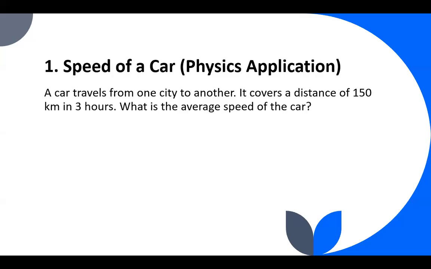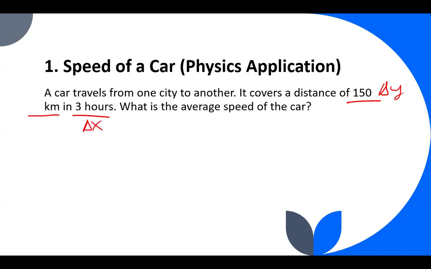Okay, so up first, we have to identify what's our independent and what's our dependent. So what would be our X and what would be our Y? For this problem, what is our dependent variable? Kilometers, our speed, our time. This is our dependent, right? This is our change in Y. And so our independent would be the 3 hours.